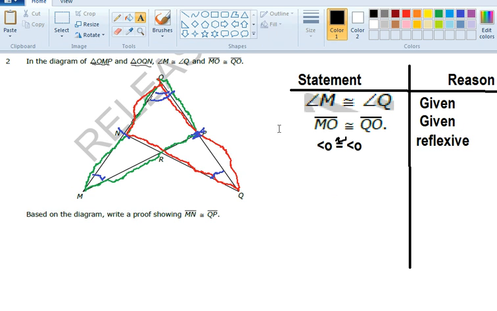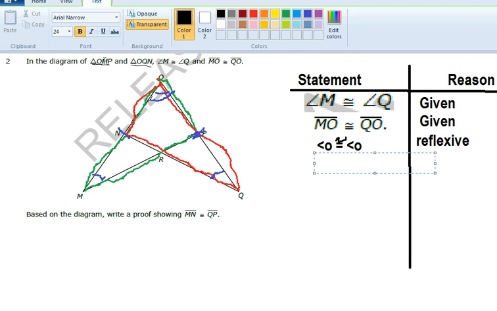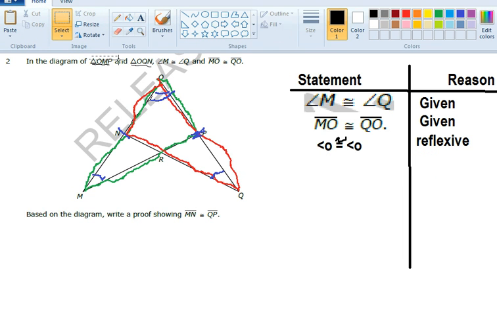Alright, then we have angle, side, angle, so we can say that these two triangles are congruent. We can say triangle OMP is congruent to triangle OQN. I'm just going to get rid of this and replace it with congruent.